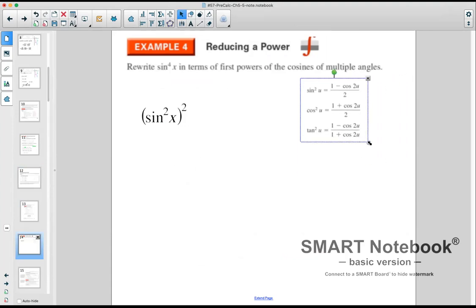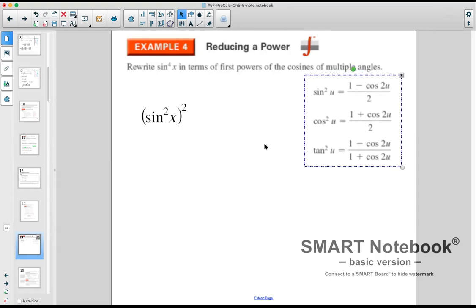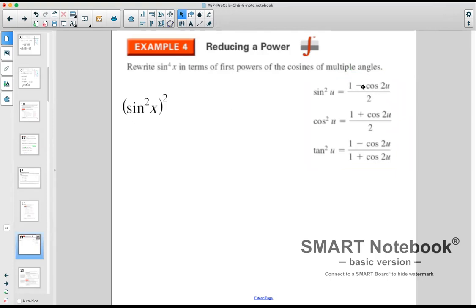Now, the first one is we have to take care of sine squared x. So how do you write this in terms of the formula? Maybe I would, let's see, Clara. Yes.